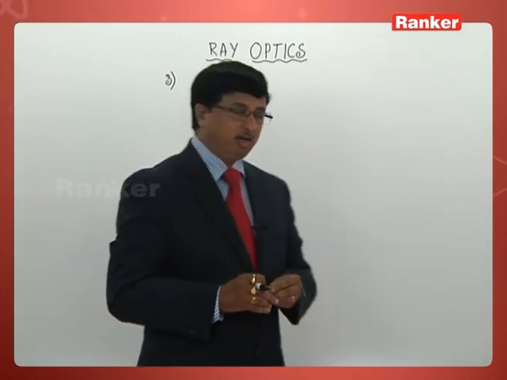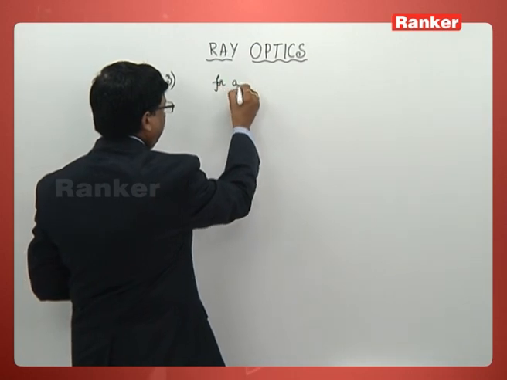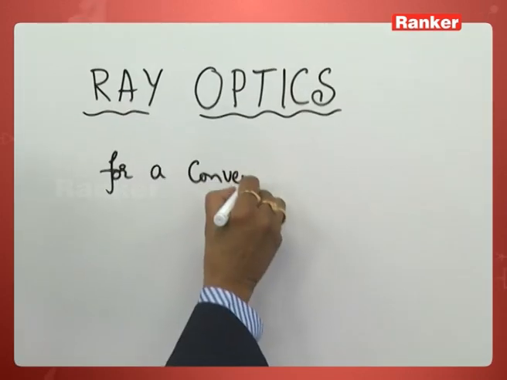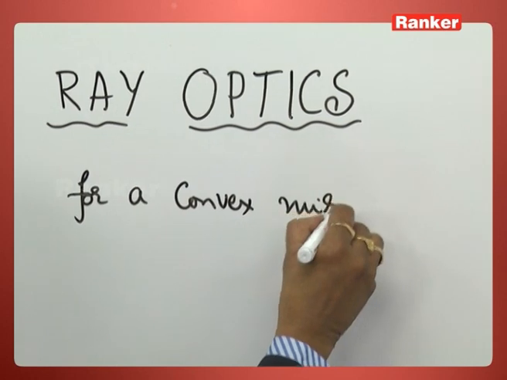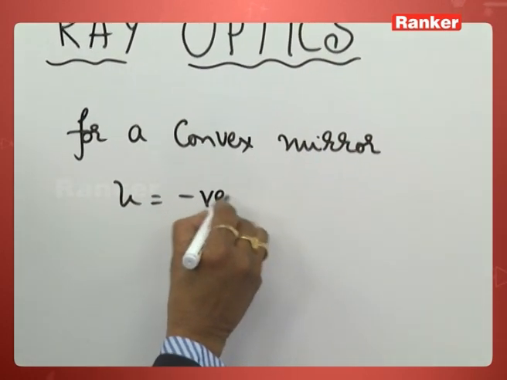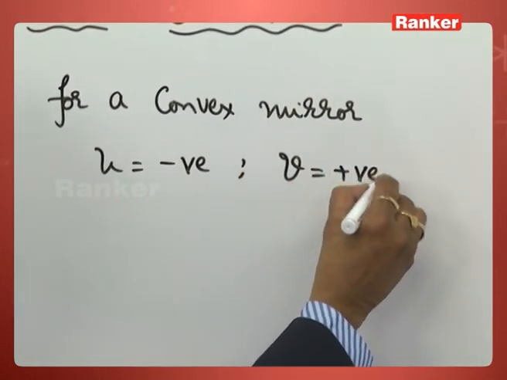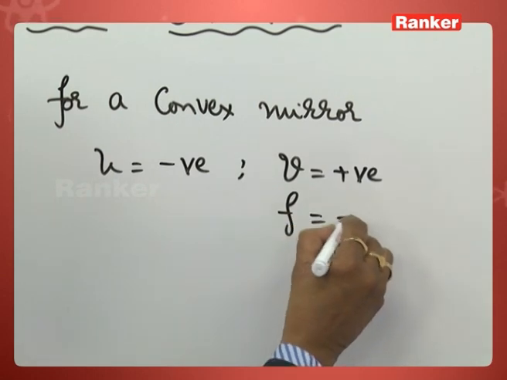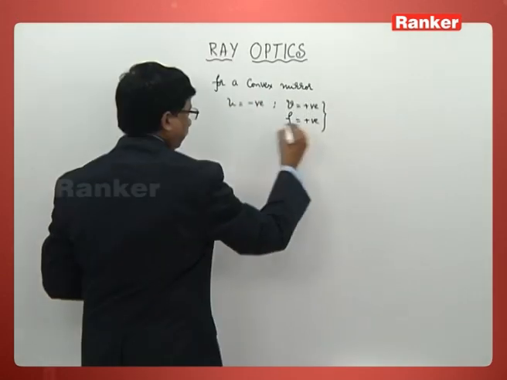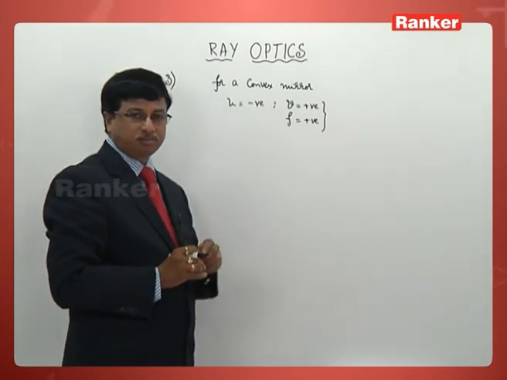And one can directly understand, for a convex mirror, u will be taken with negative sign, v will be taken with positive sign, and even focal length also will be taken with positive sign, excepting the object distance.